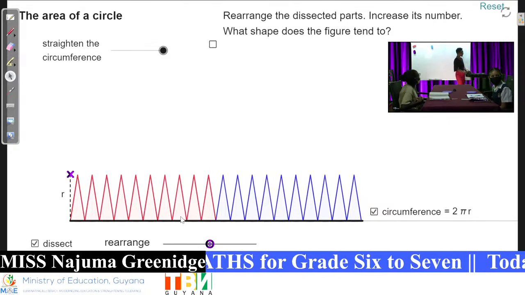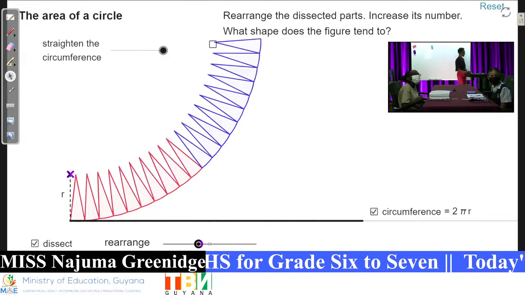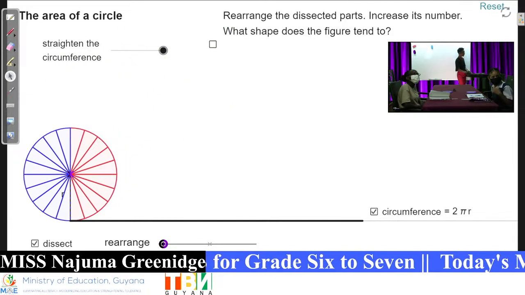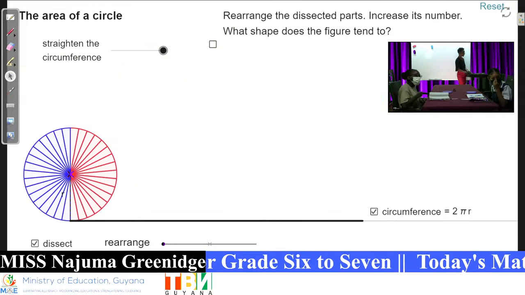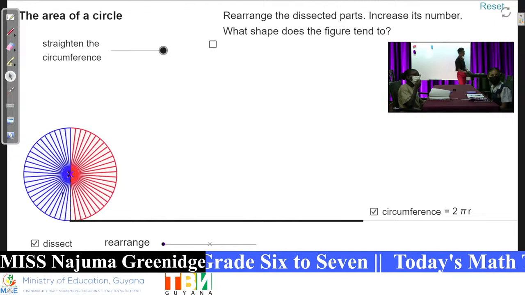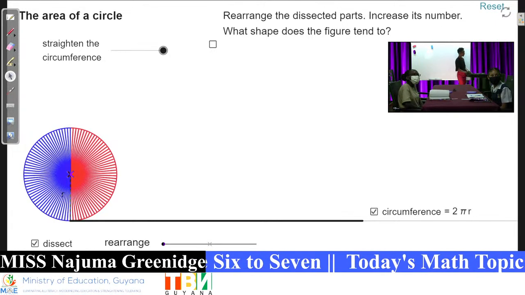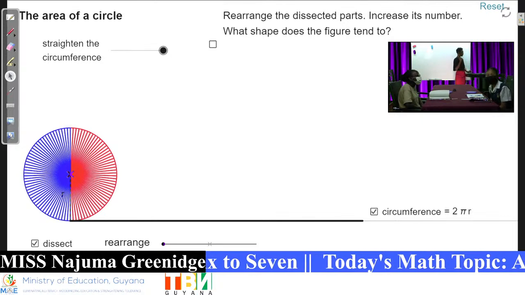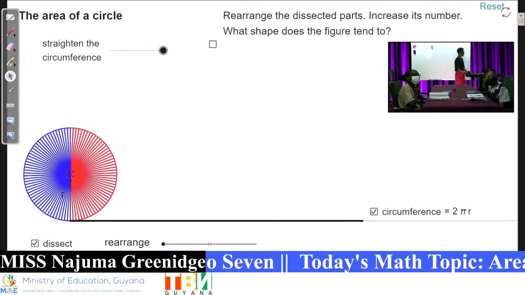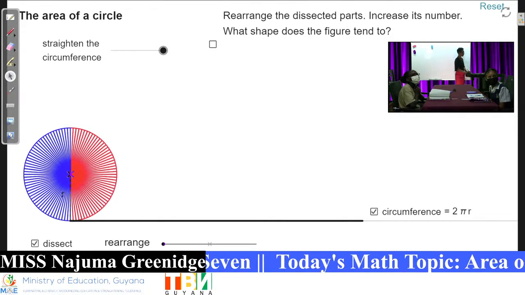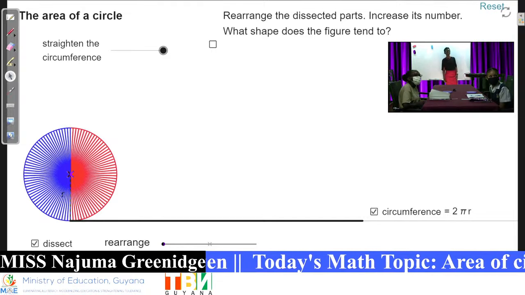All right. So let's roll this back up and divide it into more parts. Let's put 100 parts. Well, we're not getting 100, we have more. Okay. Approximately 100 parts.